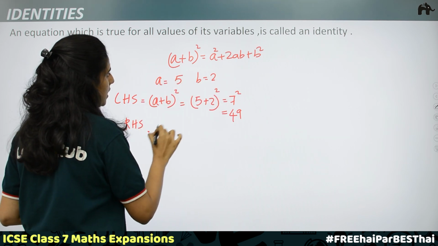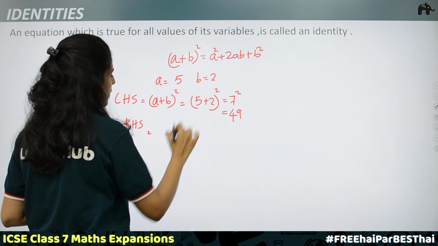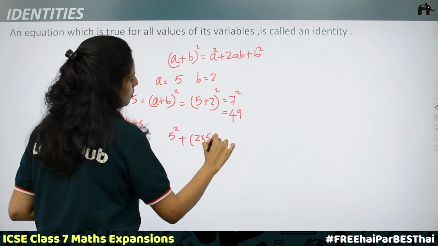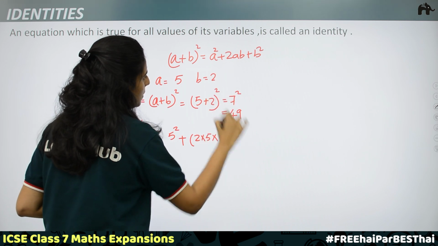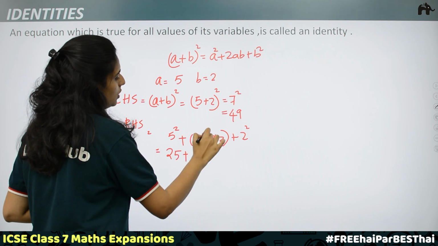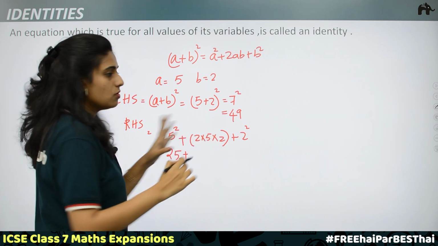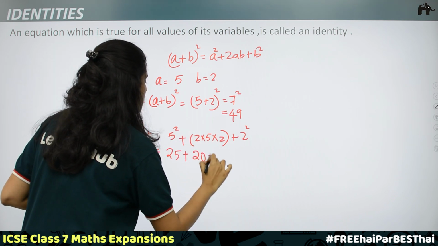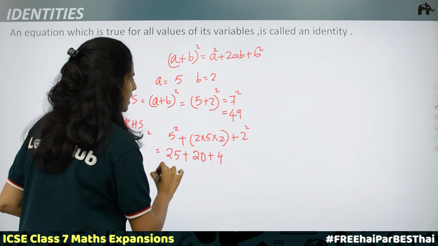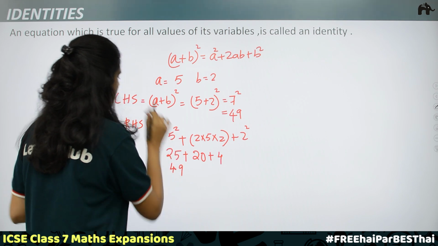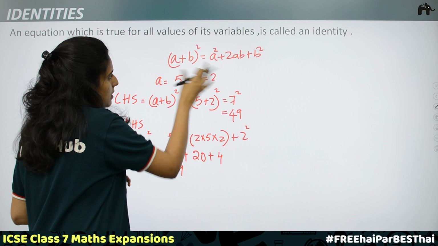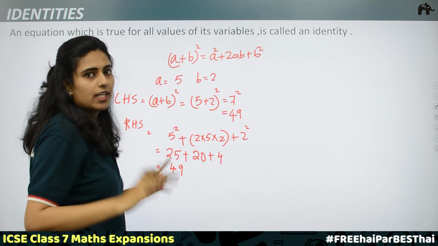So, RHS will be equal to A square, that is 5 square, plus 2 into 5 into B, that is 2, plus B square, 2 square, equal to 25 plus 2 into 5, 10, 10 into 2, 20, plus 4. 25 plus 20, 45, 45 plus 4 that is equal to 49. So, we are getting LHS and RHS equal. So, these variables values A and B when substituted in the LHS and RHS we are getting the same.